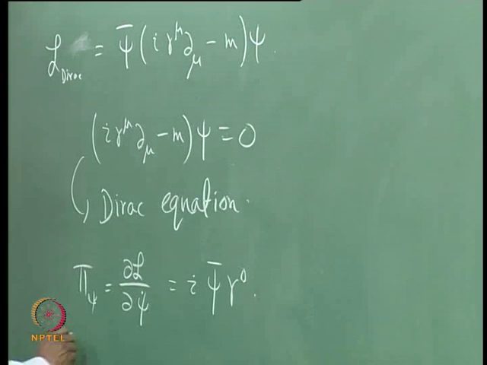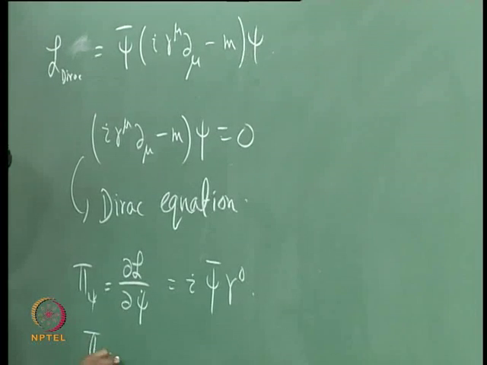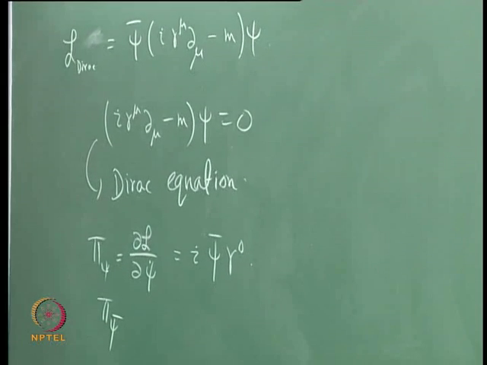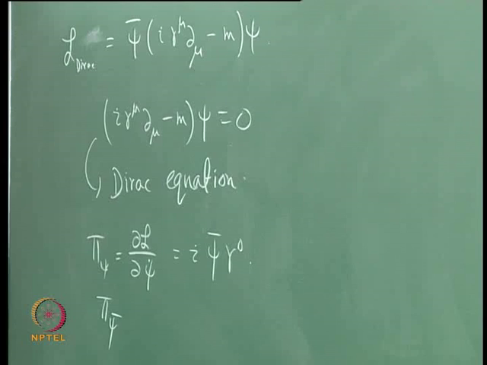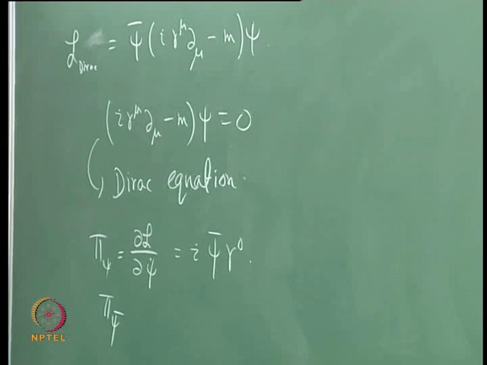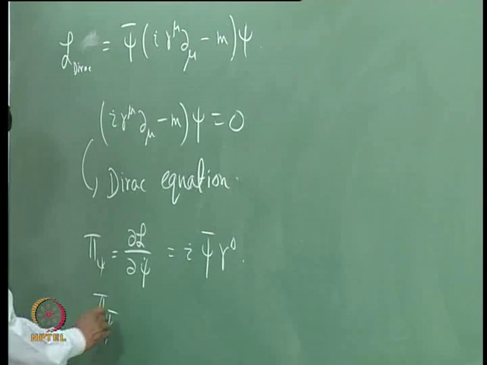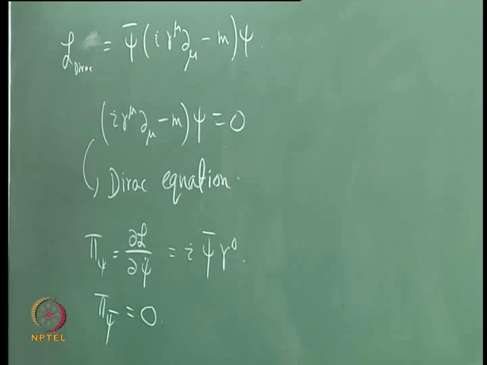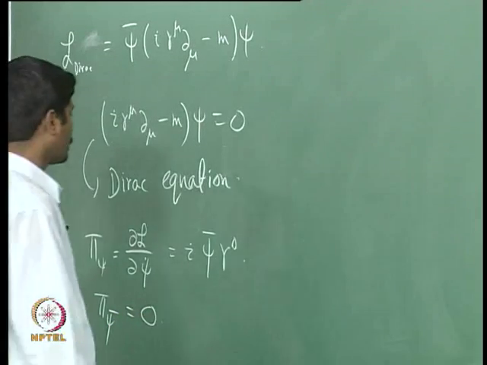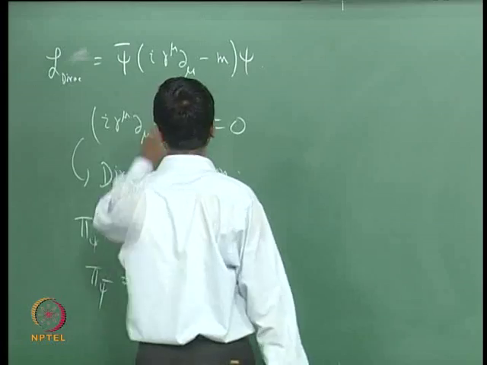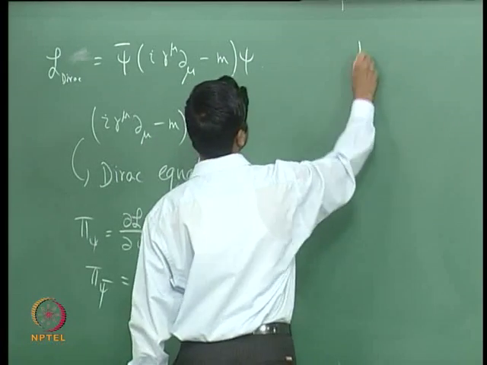What is pi psi bar? It's 0, right? So let us try to construct the Hamiltonian density.